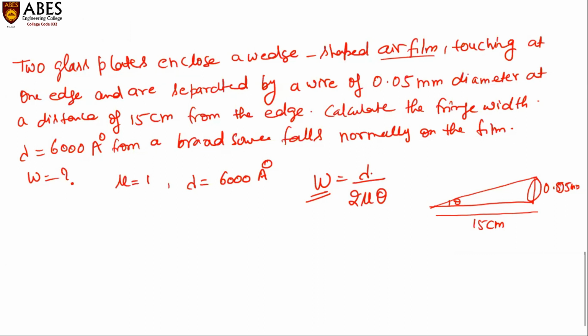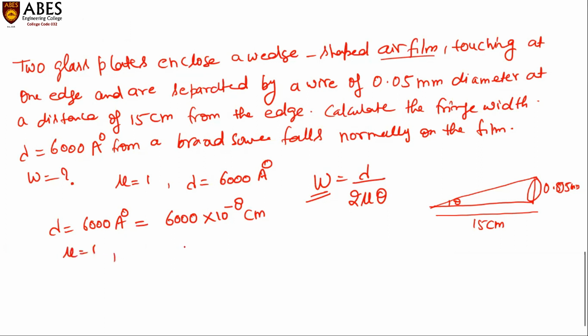For lambda, this value is 6000 angstrom, or we can write it in centimeter as 6000 into 10 to the power minus 8 centimeter. Now mu is 1. For air film, we know mu is equal to 1.